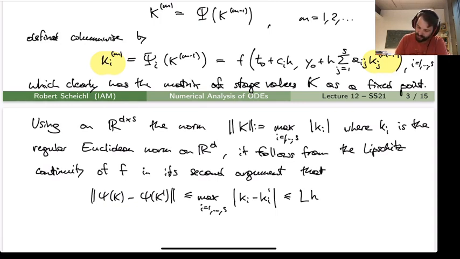So the maximum over i equals 1 to S, that comes from this maximum here, and then the sum j equals 1 to S of modulus Aij, and I'm only left with the kj's, kj minus kj primed, and I can obviously take the max of that again.